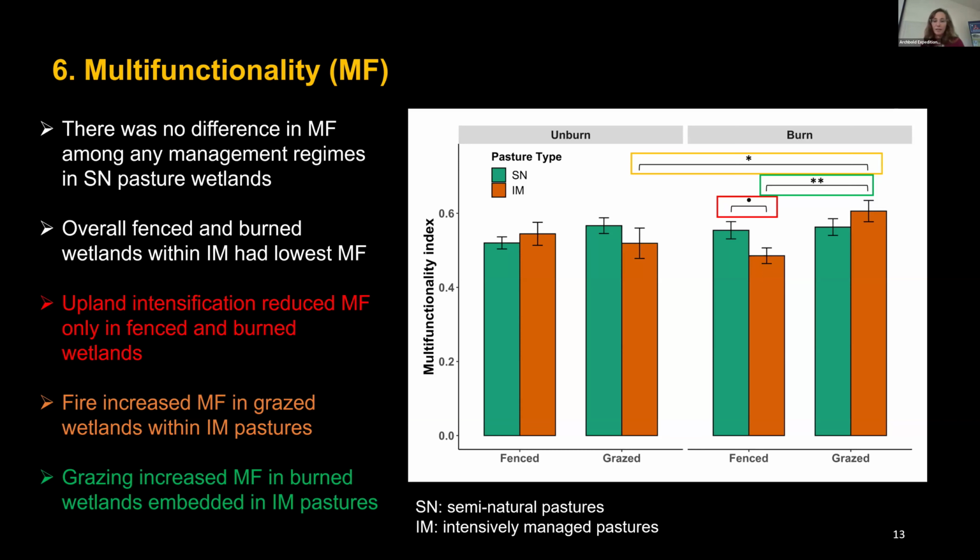And the orange shows that the improved grazed unburned versus the improved grazed burn, fire increased multifunctionality in those grazed improved wetlands. And in green, we're comparing improved fenced burned versus improved grazed burn. And grazed wetlands in that instance had higher multifunctionality.